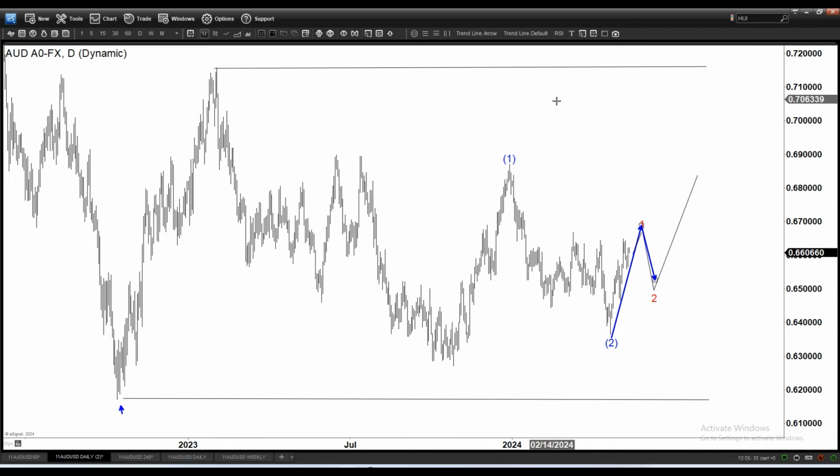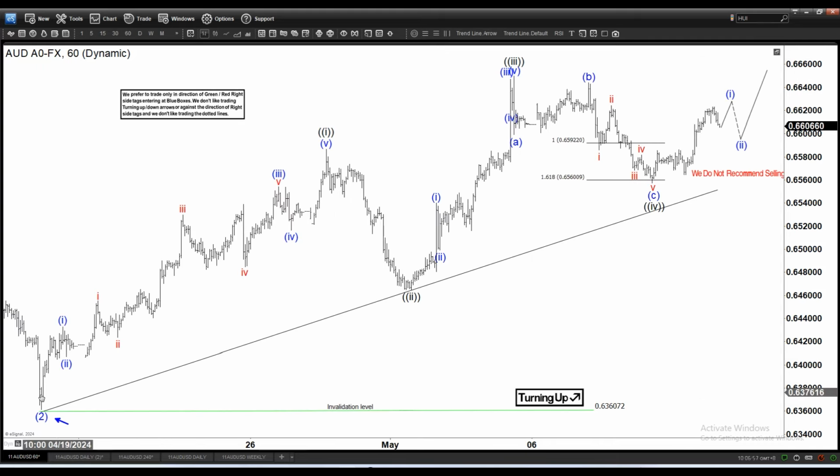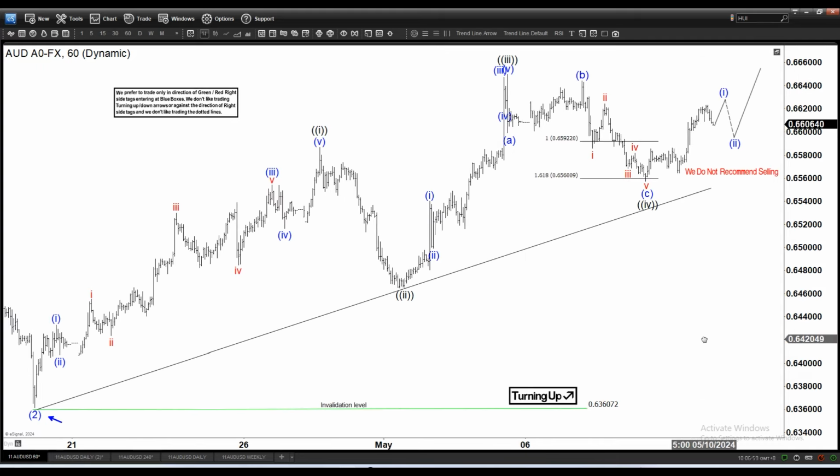We can actually continue to trade in a sideways range, but that's kind of down the line, right? We're not going to speculate on such a long-term outcome. All we care about is the shorter cycle. Most likely we're going to go higher while we stay above this wave 2 here, which is this one here. All right, that's all we care about, at least for the time being.